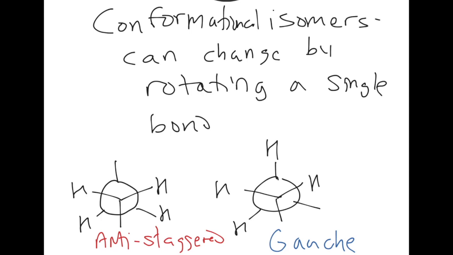They're conformational isomers, right? And you can get from one conformational isomer to the other just by turning a single bond. And when I say single bond, I don't mean one bond. I mean a carbon-carbon single bond, just a carbon that has one bond to another carbon. So you can get from one to the other. Another example of a conformational isomer would be a ring flip, right?